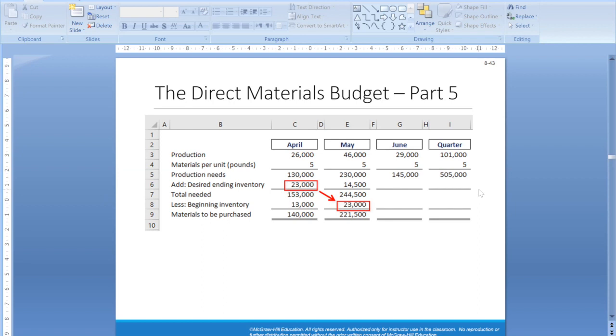So I will deduct the beginning inventory, and the materials to be purchased in May are 221,500 material pounds, not dollars.